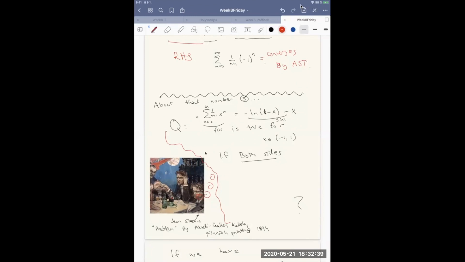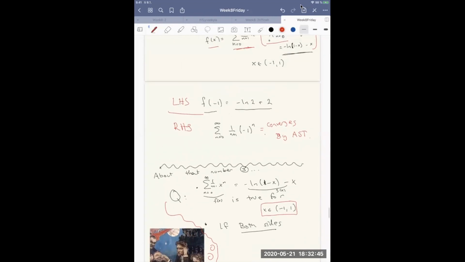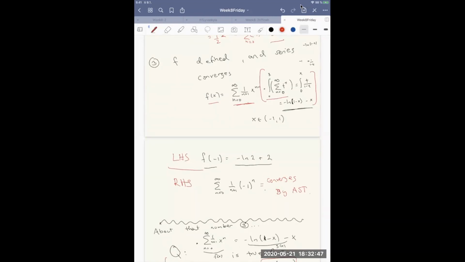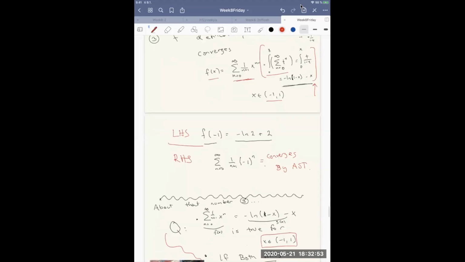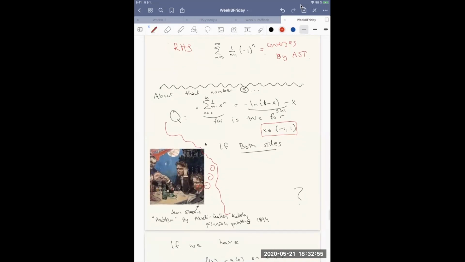In this case, we know that the equality holds on the open interval minus 1, 1. And this calculation here in red requires uniform convergence on at least parts of the space, and it's true on the open interval minus 1, 1. But at the endpoint minus 1, if both sides exist, do they have to be equal?